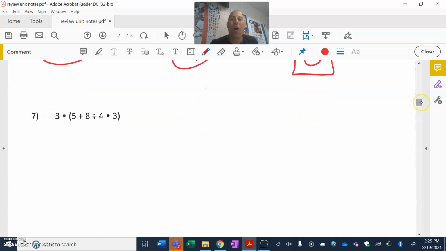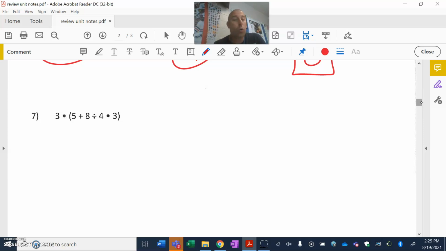All right. Let's hit one more problem here. Do you see any parentheses? Yeah, there is. So now we're going to go inside the parentheses. We're just focusing in there. Exponents? No. Multiplication or division? Yeah, there is. Because there's multiplication or division, I'm going to start there.